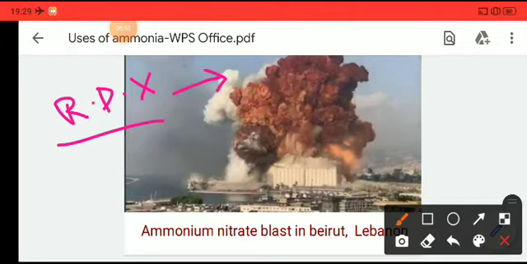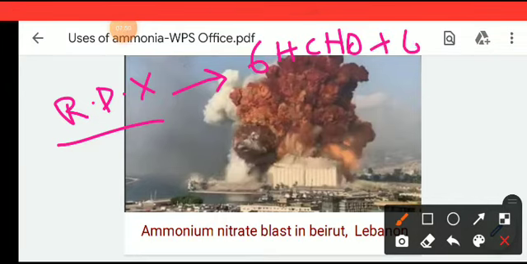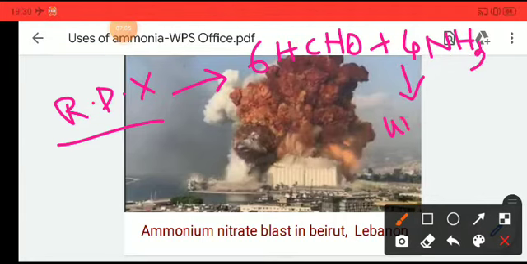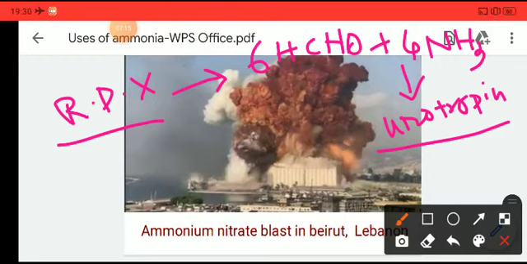The reaction by which RDX is formed is: 6 moles of HCHO, that is formaldehyde, and 4 moles of NH3 react and form a compound called urotropin. This is the precursor compound of RDX.